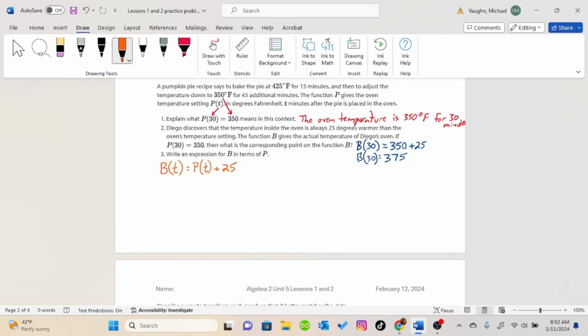So this function in number 3 would allow us to solve for any temperature B if we're given the temperature P that the oven shows.